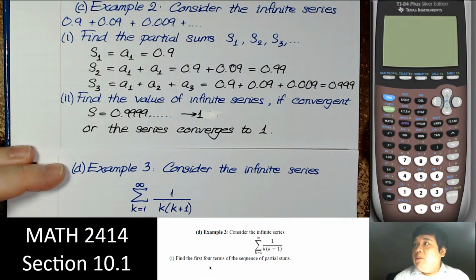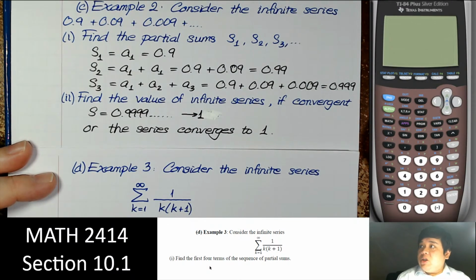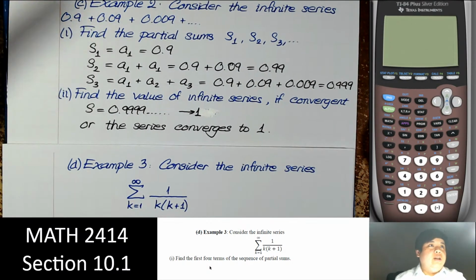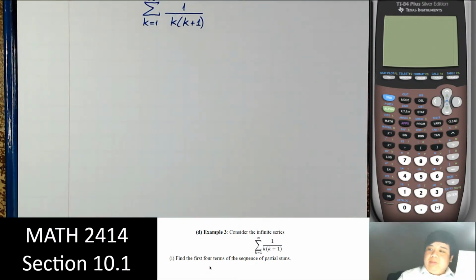I'll find the first 4 terms of the sequence of partial sums.